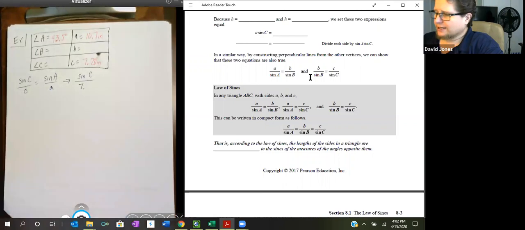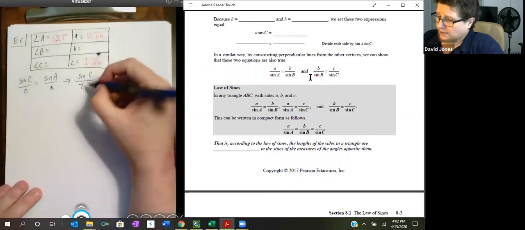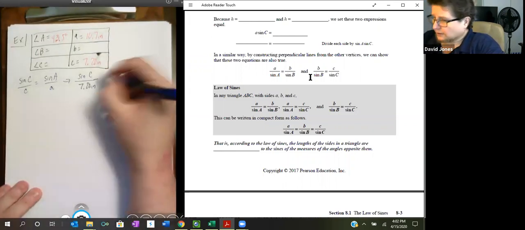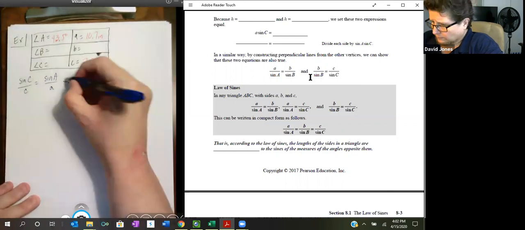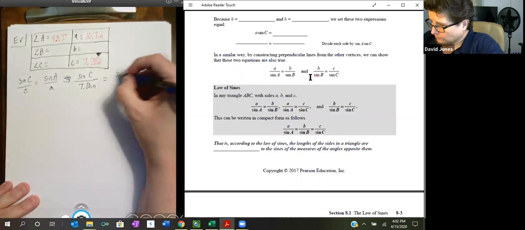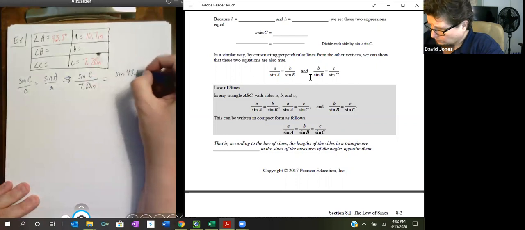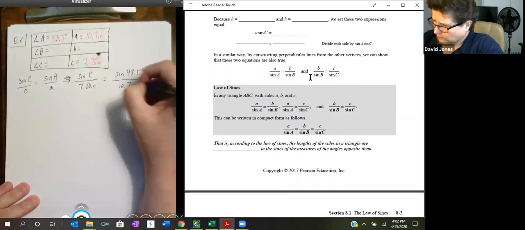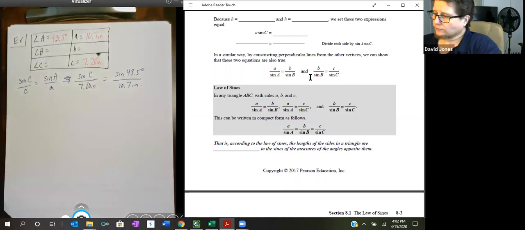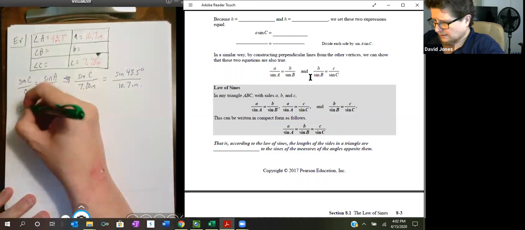Let's make sure we got 3 digits on everything. We solve for sine C.